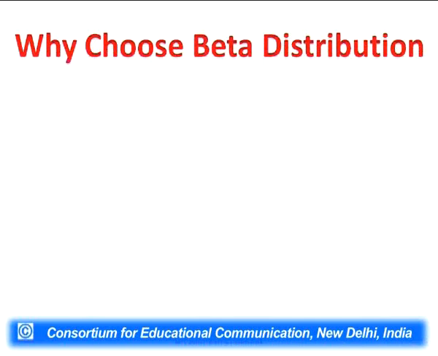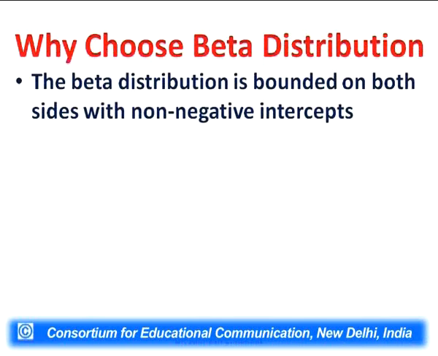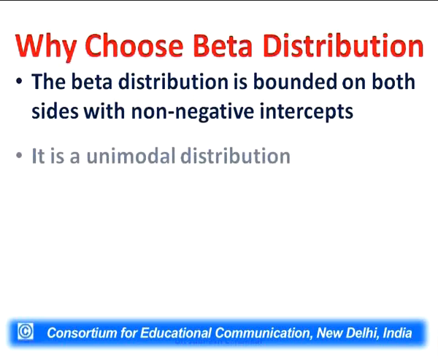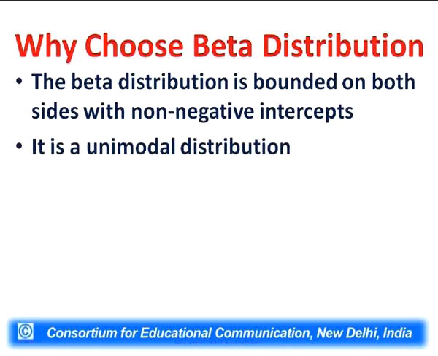Why choose beta distribution only? Beta distribution is bounded on both sides with non-negative intercepts, and it is clear that we cannot accept negative intercepts. We cannot have timings in negative numbers. It is a unimodal distribution.